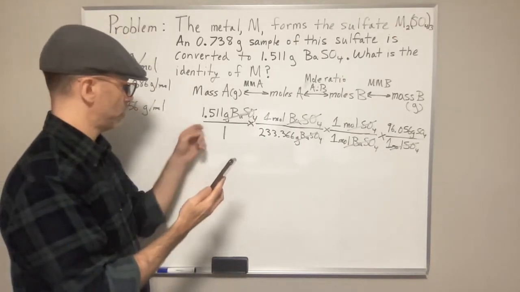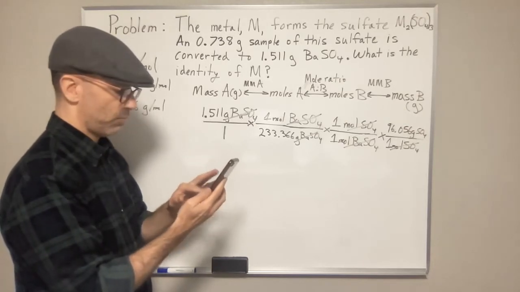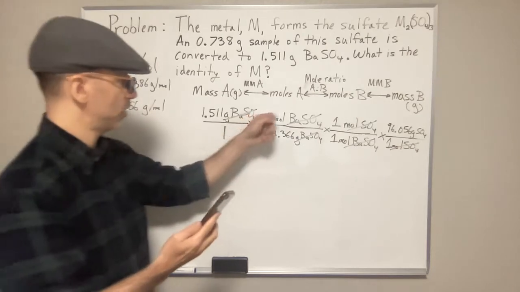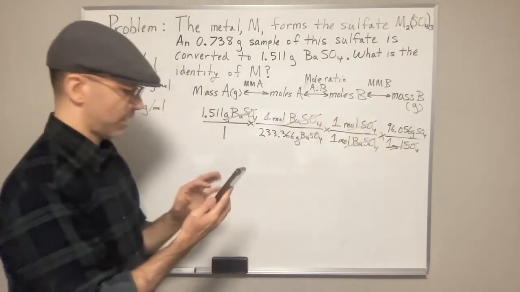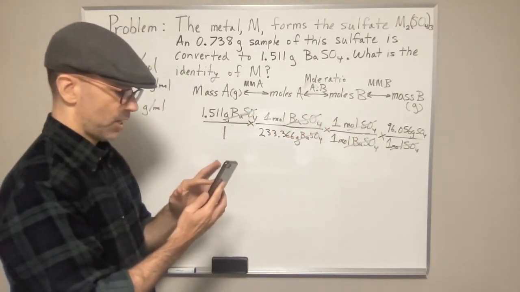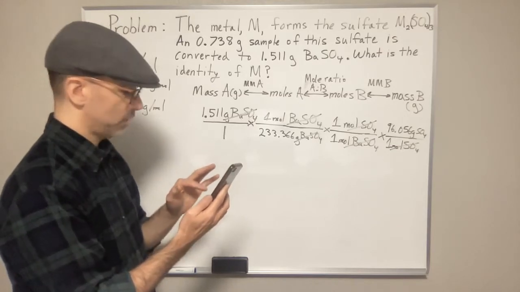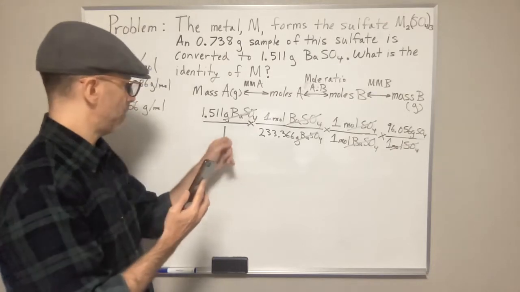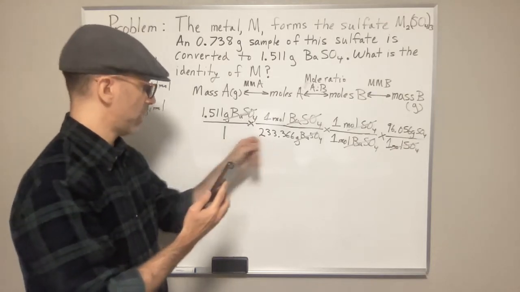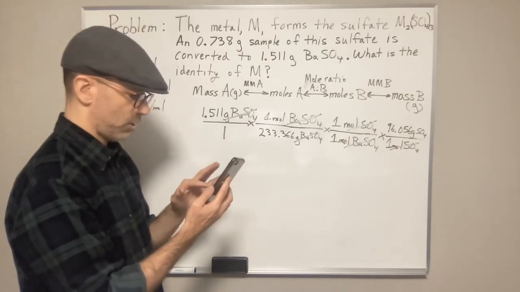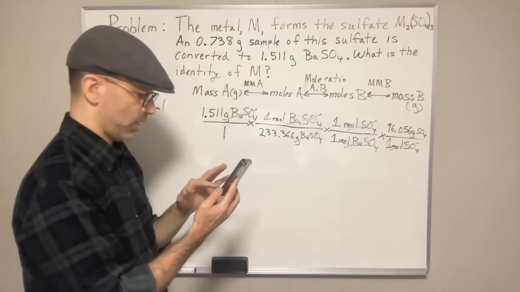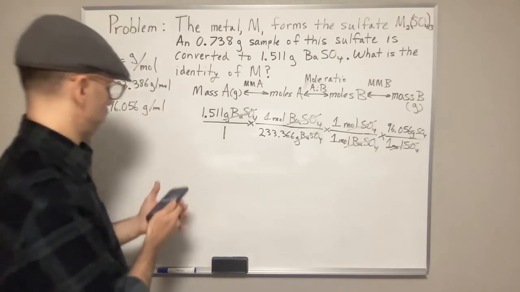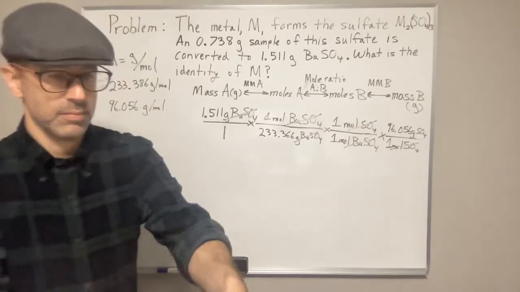So I'm going to multiply 1.511 times 1 times 1 times 96.056. Divide that by 1 divided by 233.386.